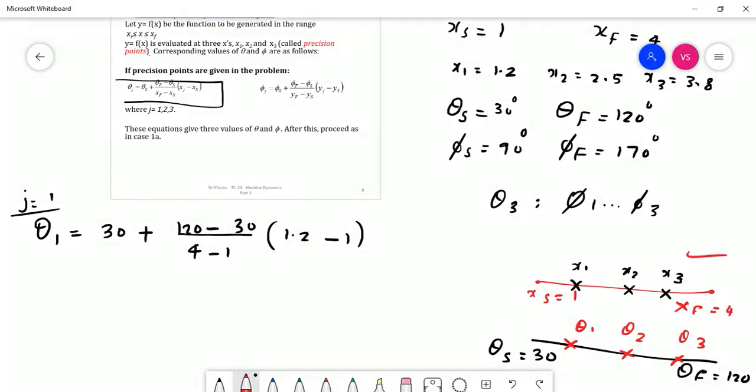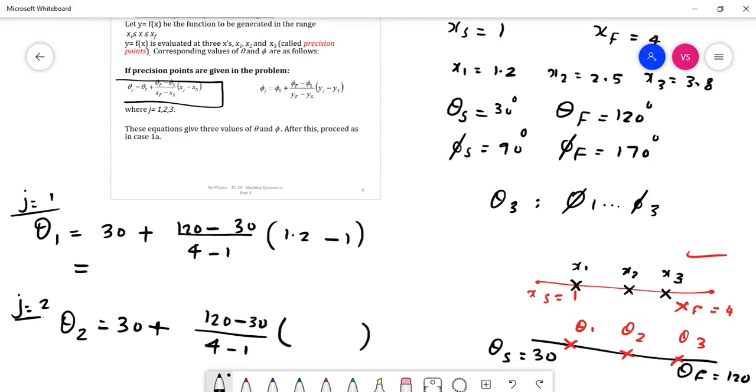So this will give you some value of theta. And then similarly, now put j equal to 2. So theta 2 will be, this is the same, this is the same. Now here, this is also the same.